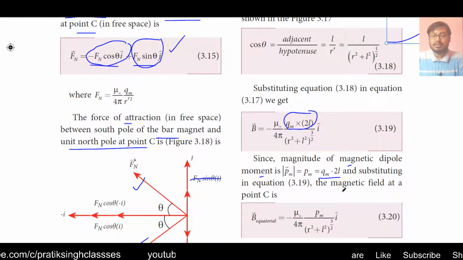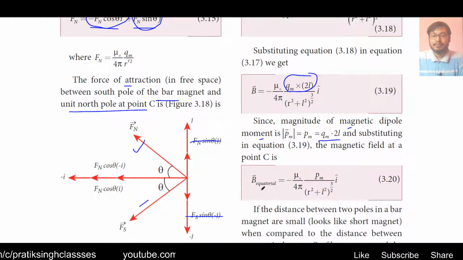Substitute this in equation 3.19, and we will get vector B at the equatorial point equal to minus mu naught by 4 pi into Pm by r square plus l square to the power 3 by 2 into i cap.